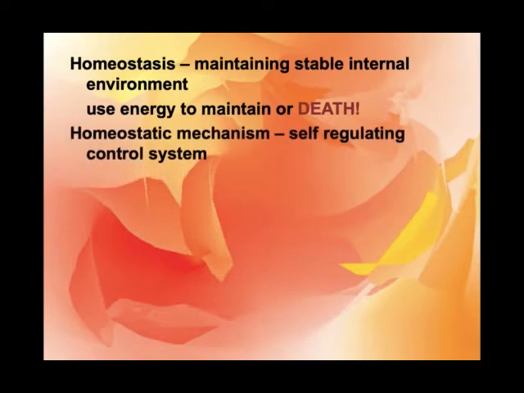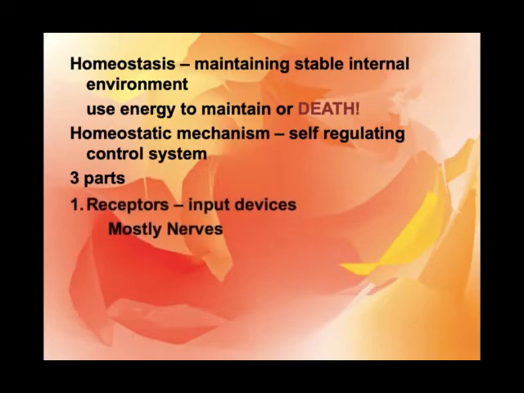So your body has a couple of ways that it takes care of it, and they both come under the umbrella of homeostatic mechanism. It's a self-regulating control system. In all homeostatic mechanisms, there are three basic parts. There are receptors or input devices, and in your body, they're mostly nerves, either internal nerves or peripheral nerves, touch receptors, heat receptors, things like that.